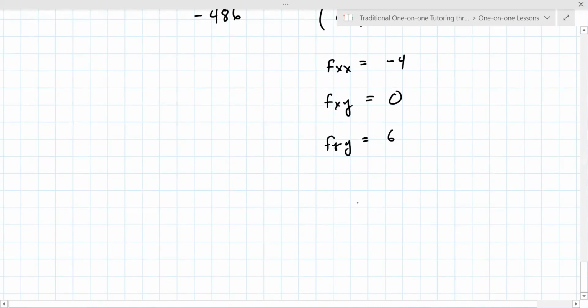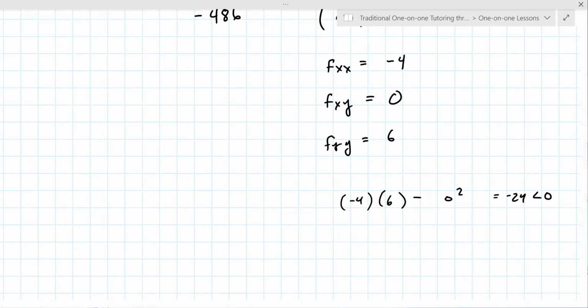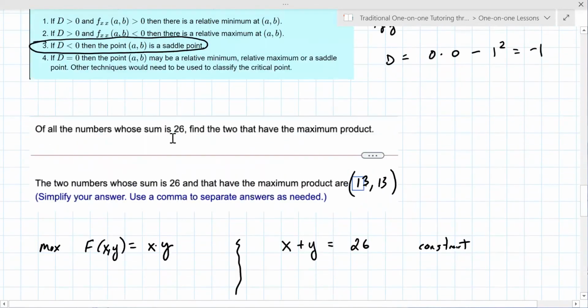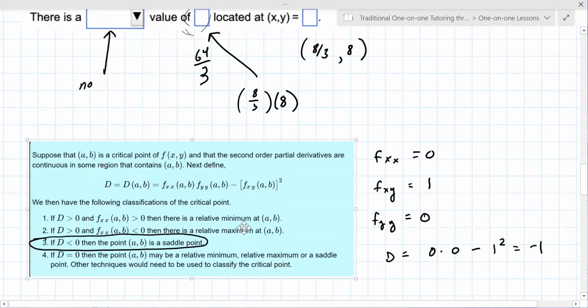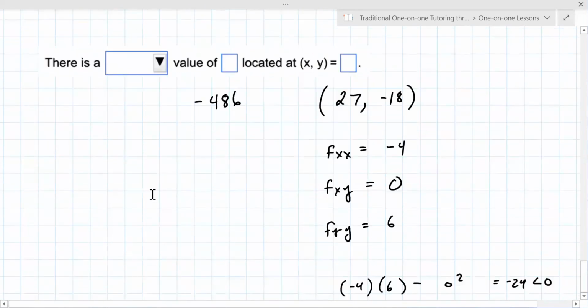So you get negative 4 times 6 minus 0 squared. So this is negative 24, which is less than 0. Let's go back and see what that actually means. It means this is a saddle point. I think fxx times fyy.